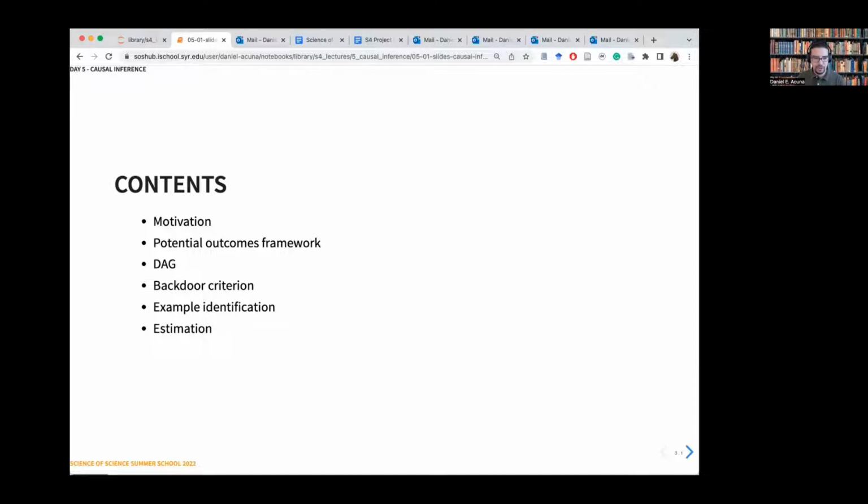And then I will talk about directed acyclical graphs, which is kind of another camp of causal inference that uses graphs to make some assumptions about the causal relationships between factors in their data set. And then we're going to talk about the backdoor criteria, which is a way of thinking about what are the factors that you need to control so you can make causal claims. And then we'll do an example, an estimation.